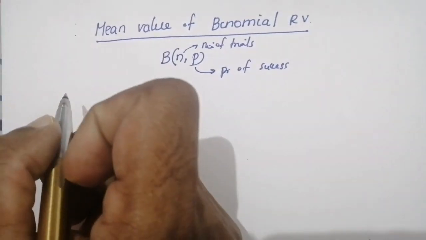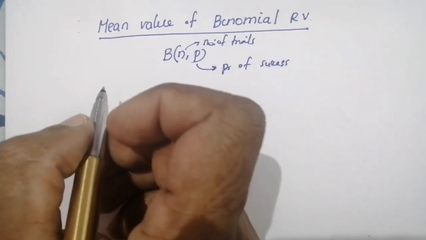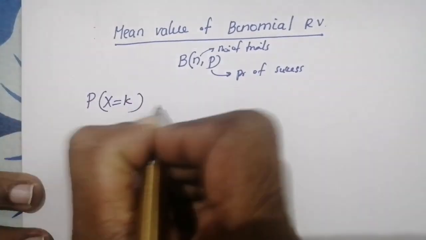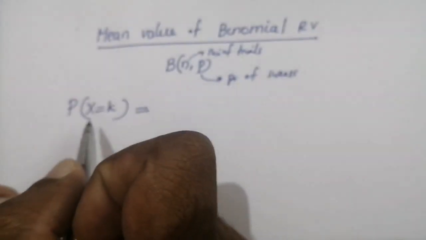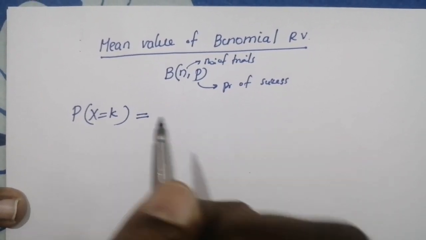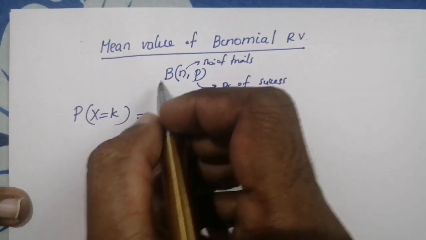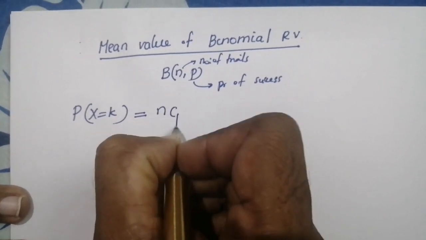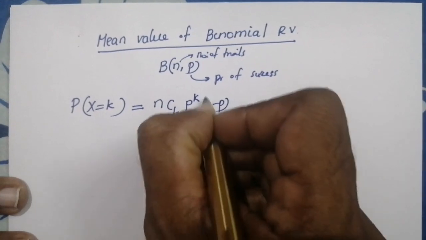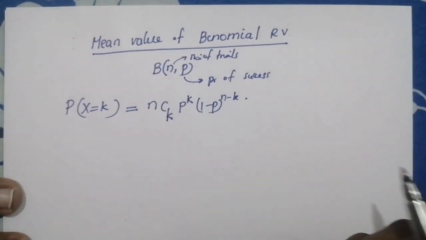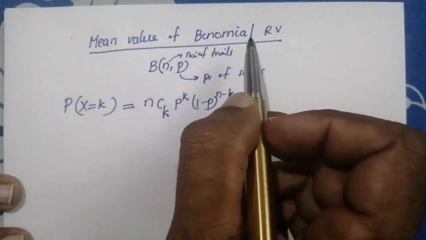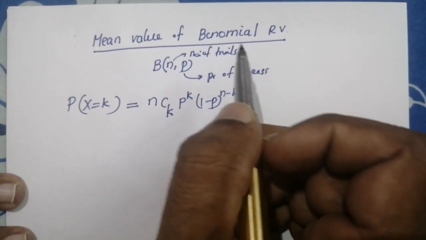The probability of k successes in a binomial experiment is given by: the probability that X equal to k, meaning k successes occur out of n trials, is nCk p raised to k times (1 minus p) raised to n minus k. This we discussed in the last class. Today we will discuss the mean value for the binomial random variable.